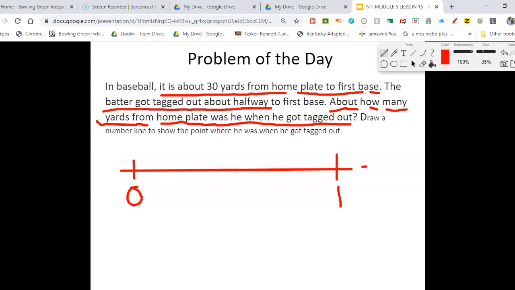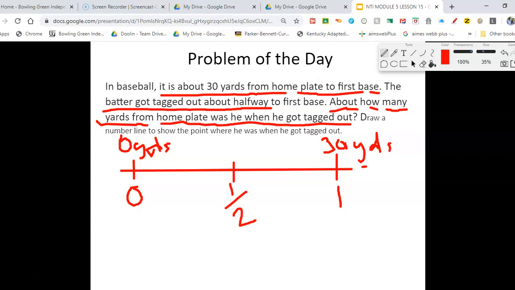Remember, if it is halfway, then we have two equal parts. So that would be about halfway. So if we started out here at 0 yards, and when we got here, it was 30 yards, then we know that he got tagged out right here, which was halfway.